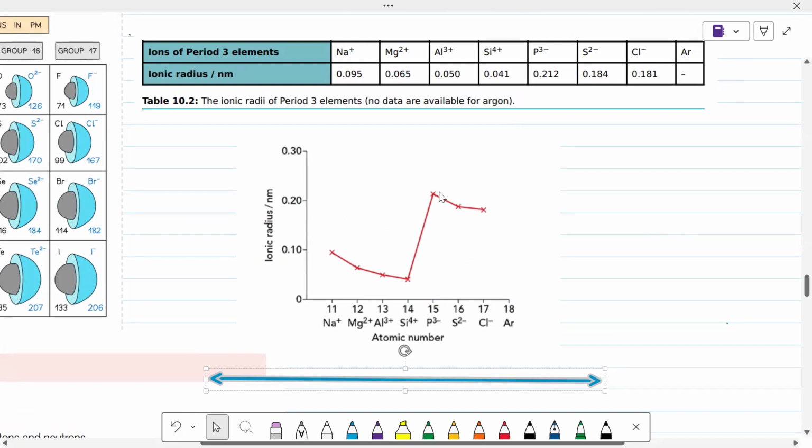Then there is an anomalous behavior with phosphorus. We will discuss this in some other topic, but at this stage, you can ignore this. From here till here it is decreasing across the period. From sodium, magnesium, aluminum, silicon, it decreases. Then for phosphorus it will increase, and again it will start decreasing. Clear?